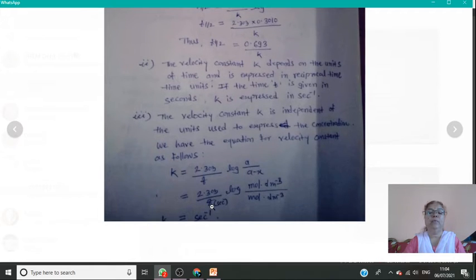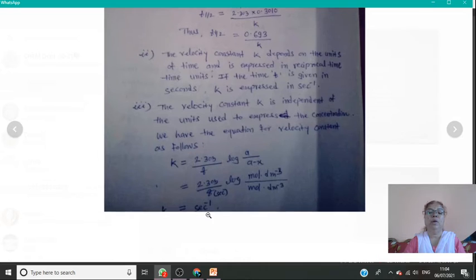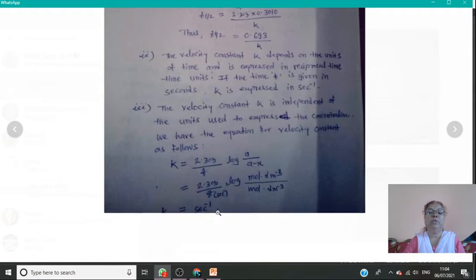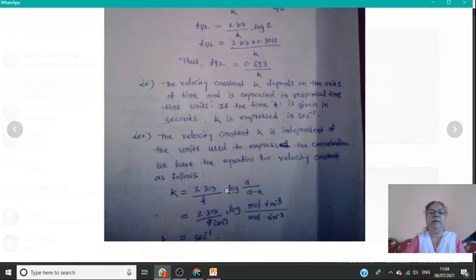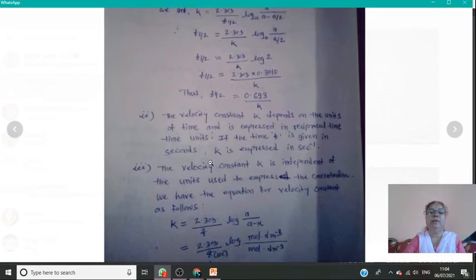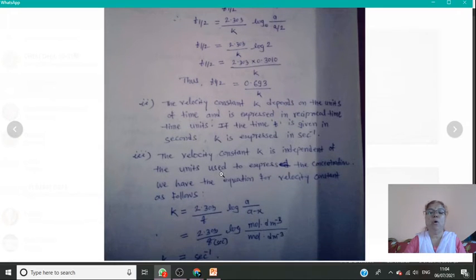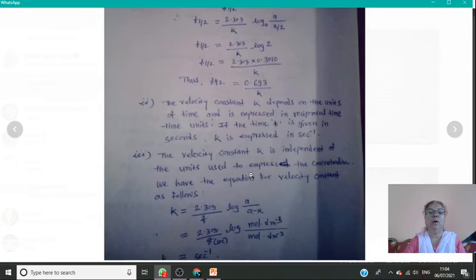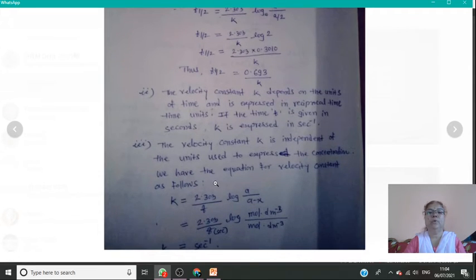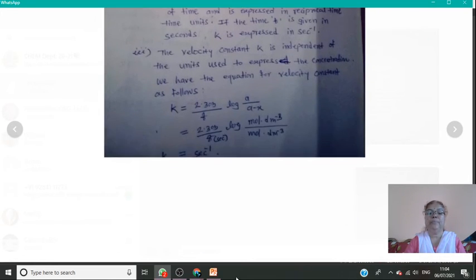Here we have expressed the time in seconds, therefore the velocity constant has dimensions of second inverse. This shows that the velocity constant K is independent of the units used to express the concentrations. This is the third characteristic.